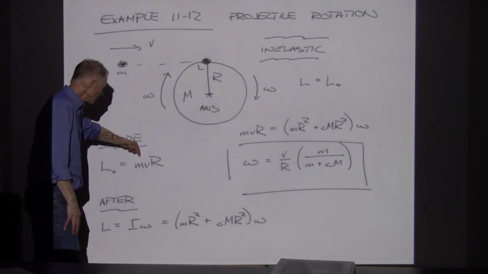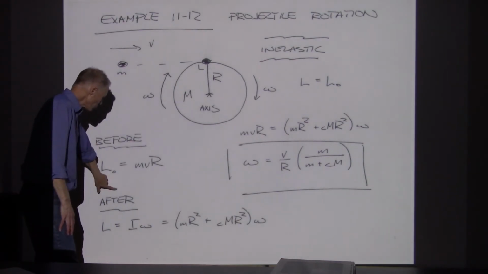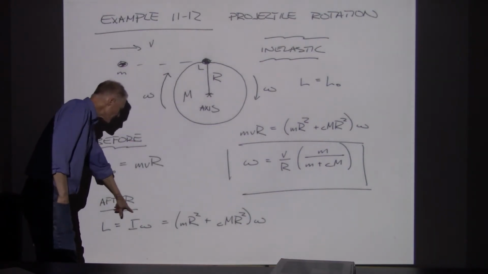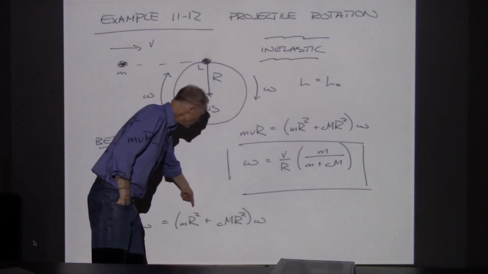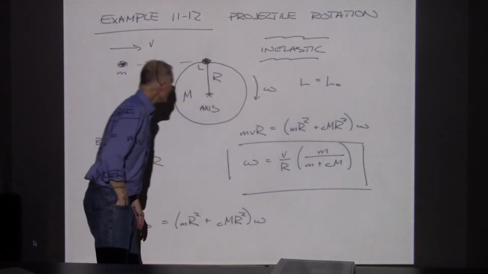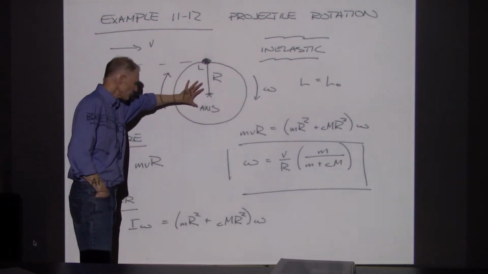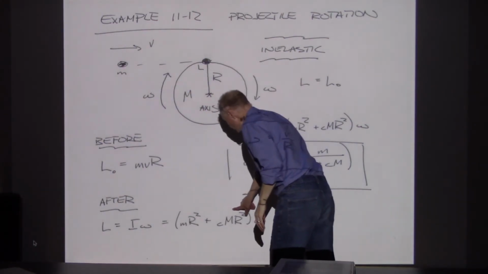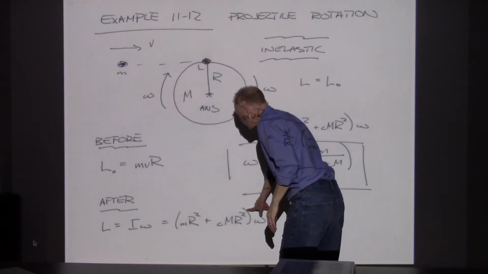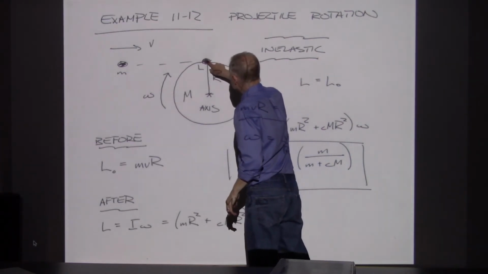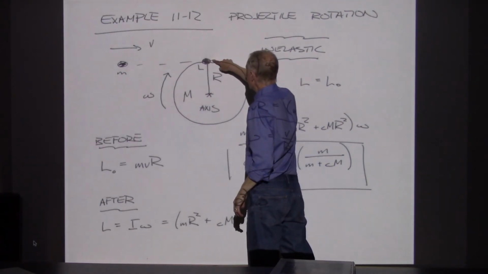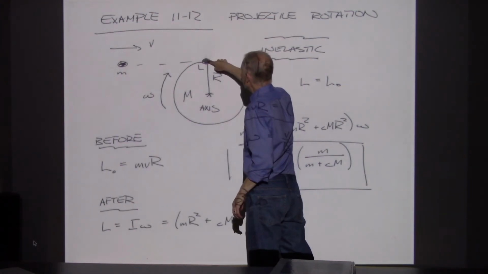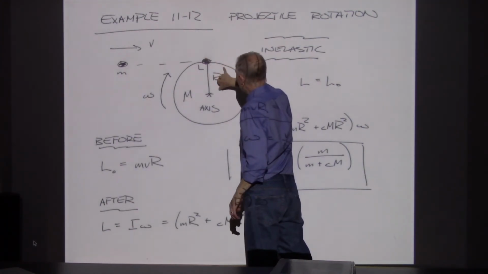Anyway, here is the bullet coming in. It's got an angular momentum, mvr. Afterwards, we can write the angular momentum as I omega. This is the rotational inertia. So the cylinder, or the sphere, or the hoop, has a rotational inertia of cmr squared, and an isolated mass, a point object, has a rotational inertia of mr squared.